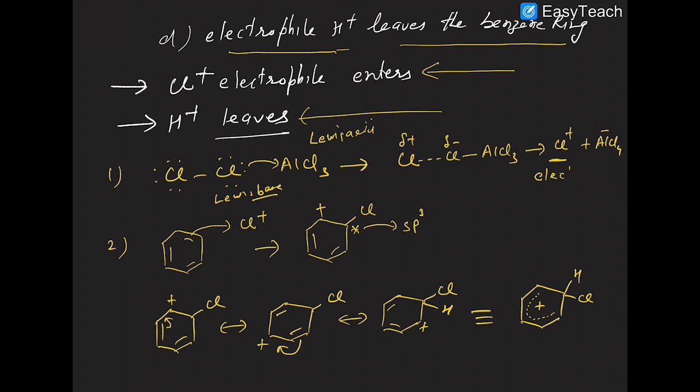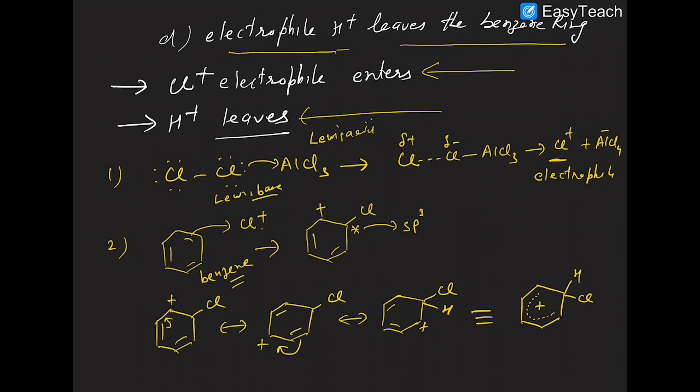So this electrophile Cl plus is immediately attacked by benzene ring, which is electron rich in nature. Why is it electron rich? Because it has pi electrons. So it has 6 pi electrons, which are electron rich species. So this pi will attack the Cl plus. Now look at that. The position where the chlorine gets attached, that carbon becomes sp3 hybridized.